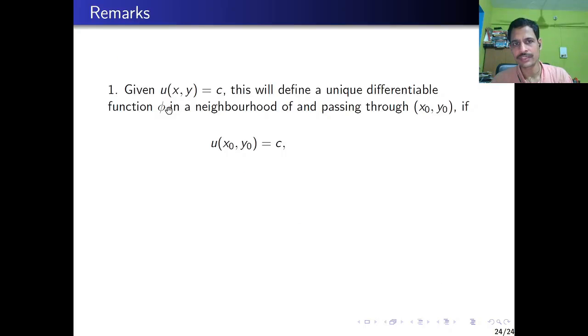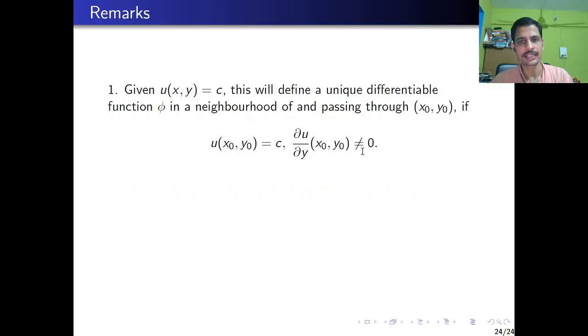So if we have this implicit solution u(x,y) is equal to c, this will define a unique differentiable function phi in the neighborhood of and passing through some point (x0, y0) if u(x0, y0) is equal to c, meaning we are taking a point in the neighborhood of the points where u takes the value c, that is (x0, y0), and there the derivative of u with respect to y, del u by del y at that point (x0, y0), should be not equal to 0.